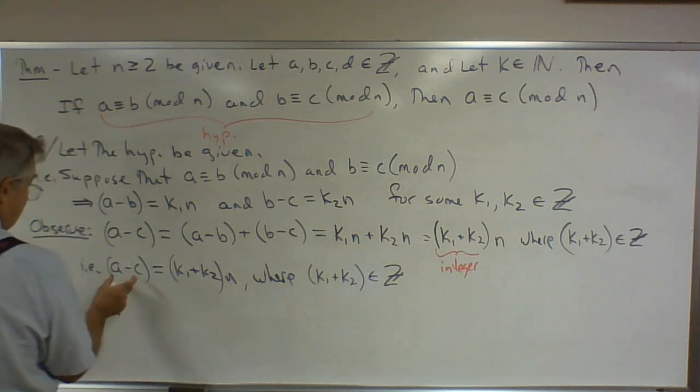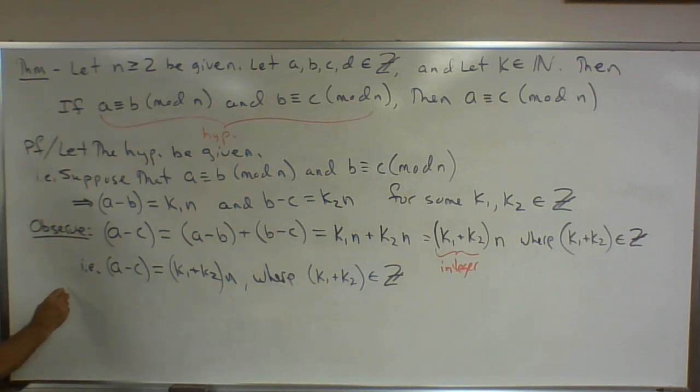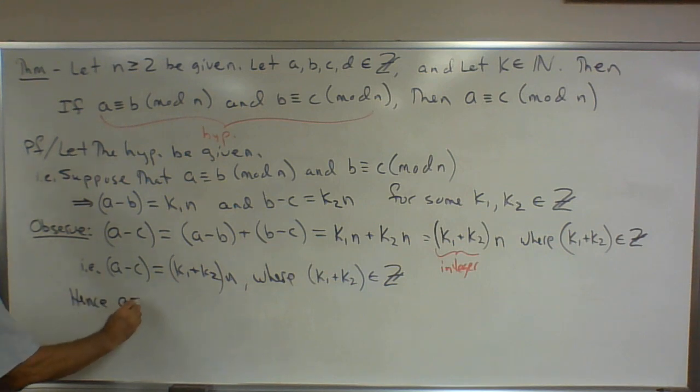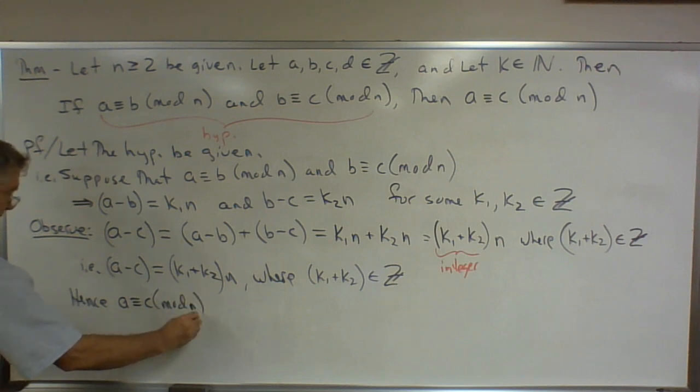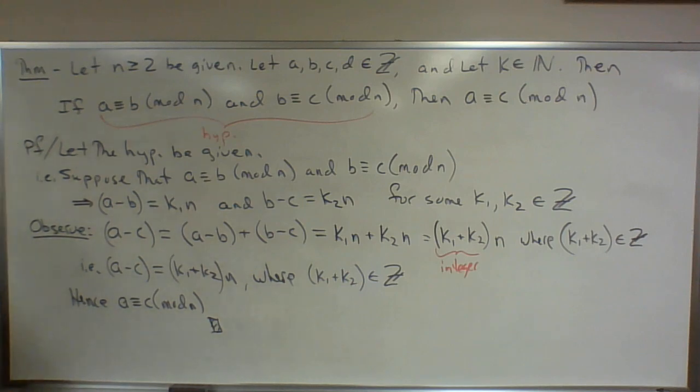So in other words, A minus C is a whole number multiple of n. Yay! And by the way, that was number 3, wasn't it? If A is congruent to B and B is congruent to C, then A is congruent to C.